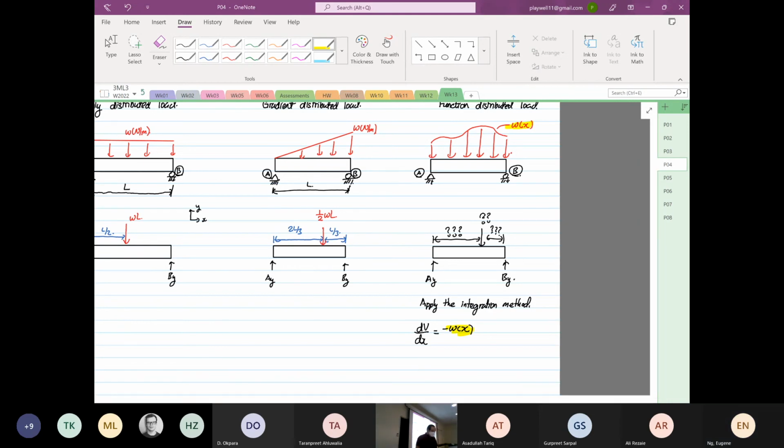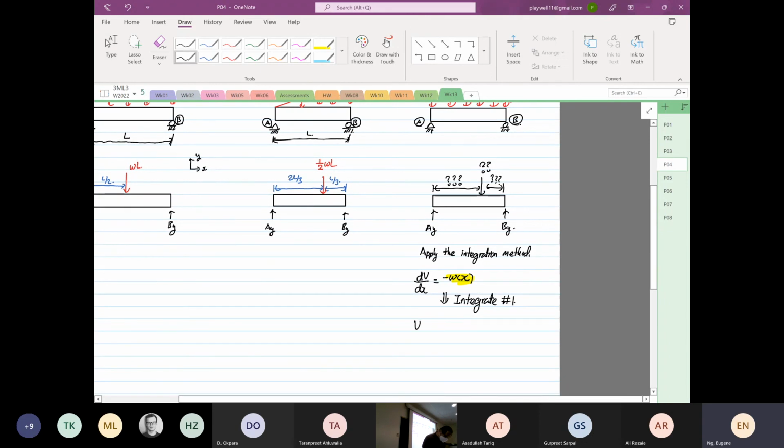Then after this, we are going to integrate once. You will have V as a function of x. You integrate minus omega as a function of x dx plus C1.